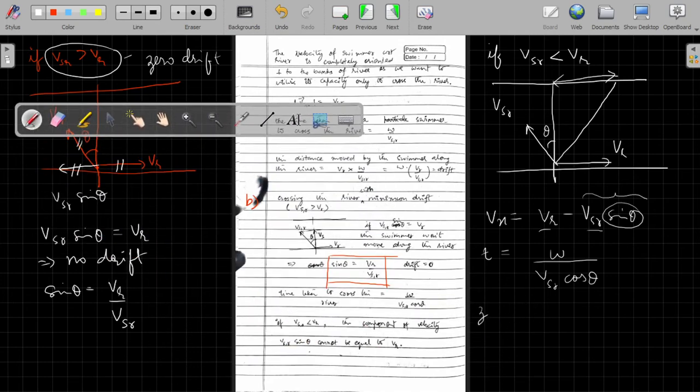And now what would be the drift? Let's say the drift is represented by some value z, then that value would be VR minus VSR sine theta into the width divided by VSR cos theta. So this is the net drift z.